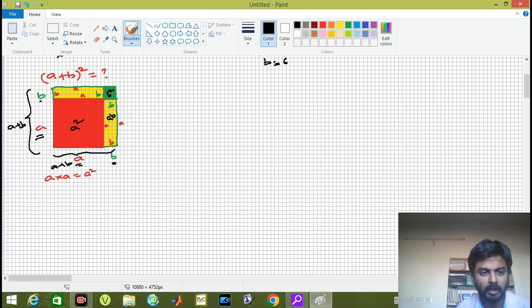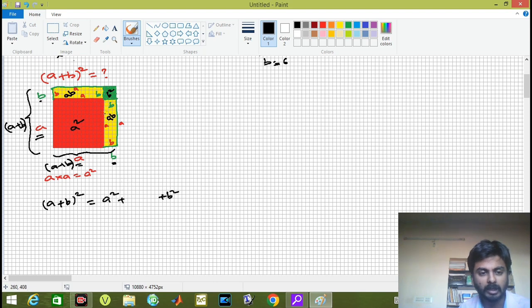The entire a plus b whole square has a square, and another square that is b square, and two rectangles in between these two squares, that is AB plus AB.